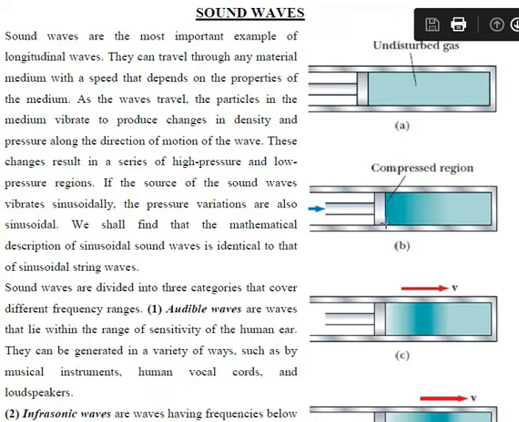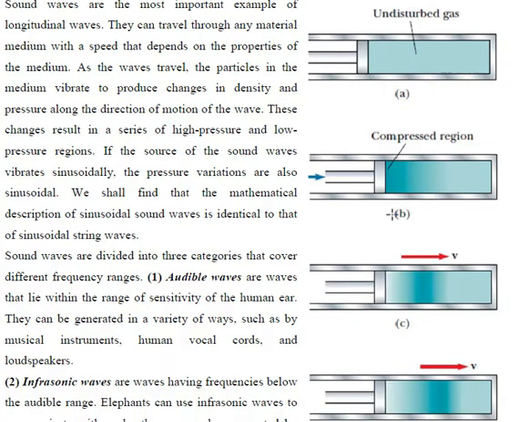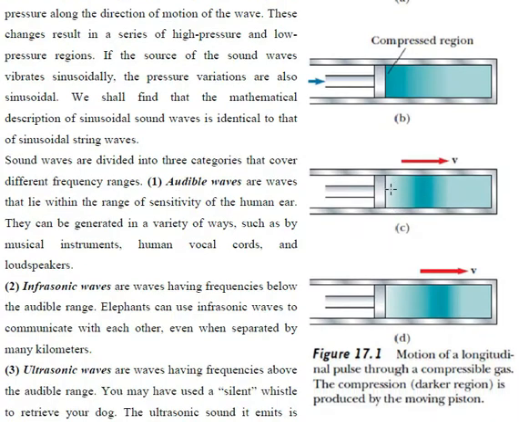The compression regions are denoted by darker colors like this, and the rarefied regions are represented by light colors like this.